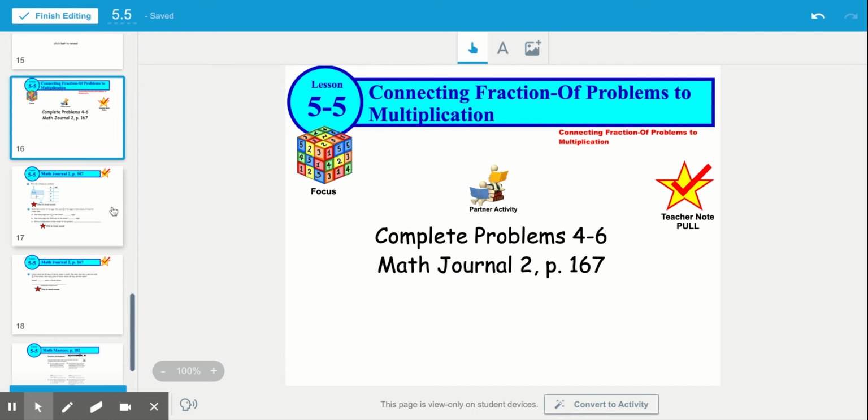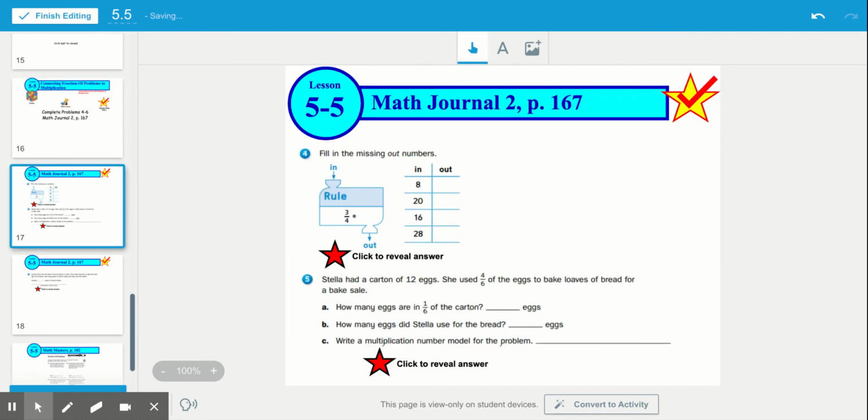Then come back and check your work. For number 4, it says to fill in the missing out numbers. Here you see that we have 3/4 times. What word can we use instead of times? Of. 3/4 of 8, 3/4 of 20, 3/4 of 16, 3/4 of 28. We know that we're going to find the unit fraction of each one first and then multiply by that numerator.